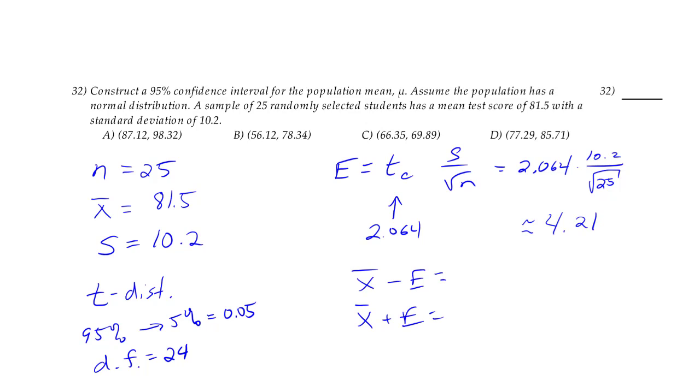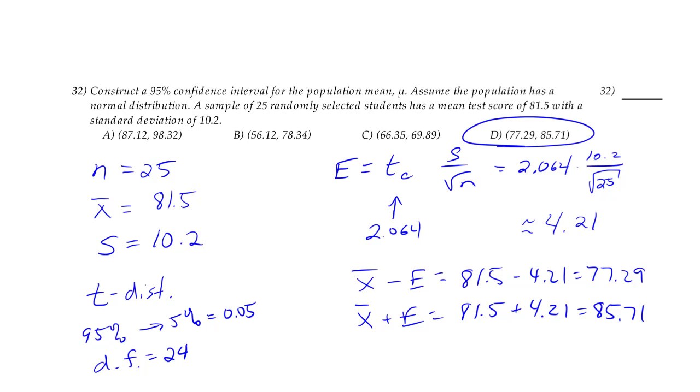So x bar was 81.5, take away 4.21, and then do 81.5 and add 4.21. And we should get 77.29 and 85.71 right there. That's our interval.